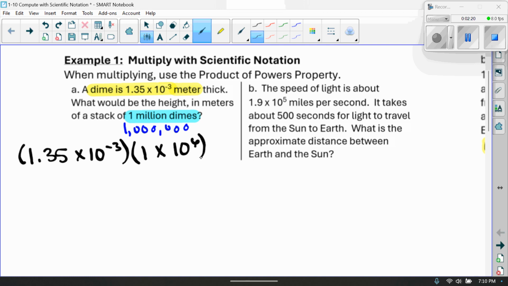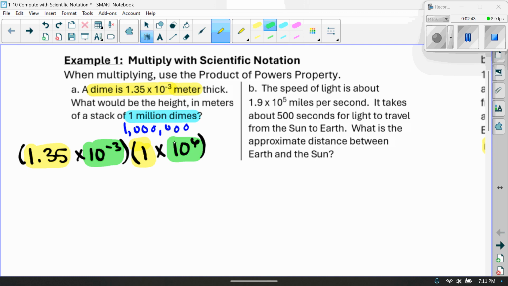Now, when we're multiplying, remember, we have the associative property, so we can multiply in any order we want. In this case, we're going to multiply our constants, and then we're going to multiply our powers.